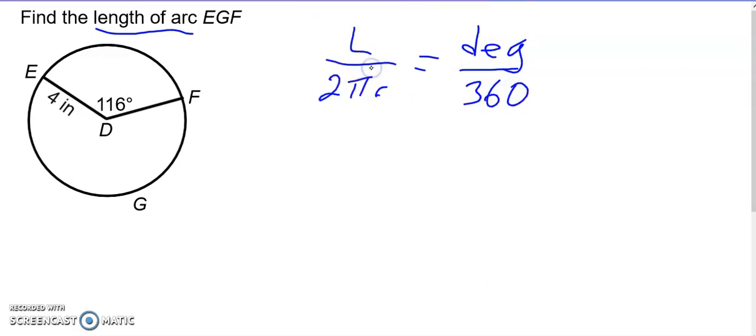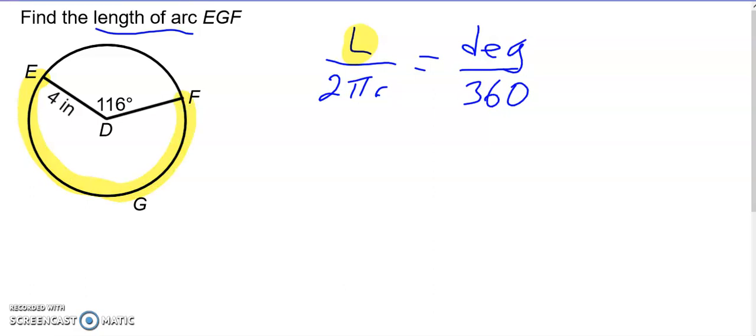I want the measure, oops, not that one. Do you see what I did wrong? That's arc EF. We want arc EGF. So start at E, go through G, end up at F. That's the arc I want.